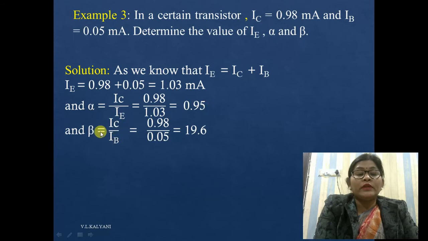Similarly, to calculate the value of beta, the formula is IC upon IB. The collector current is 0.98 and IB is 0.05, as given over here. After calculating this, beta is equal to 19.6. So according to these formulas, you can calculate the value of alpha, beta and emitter current IE.